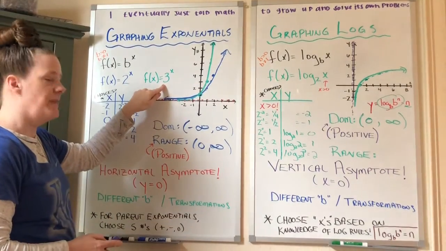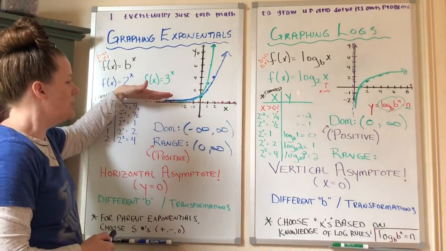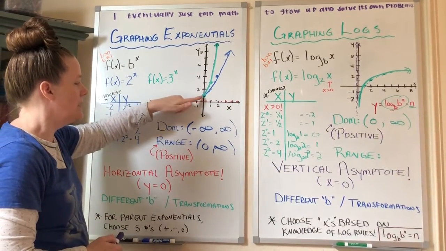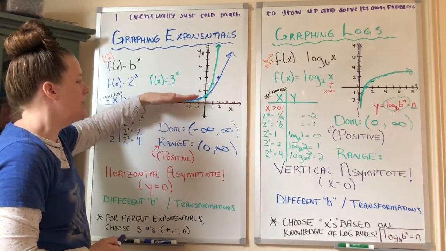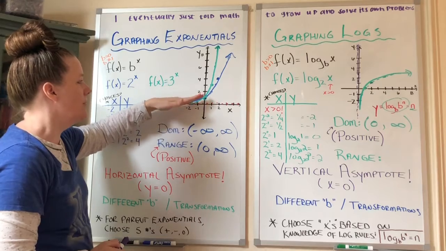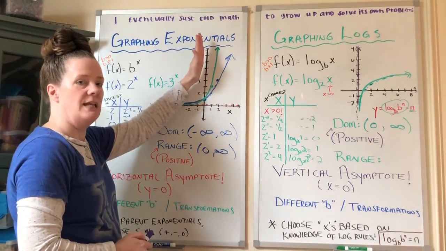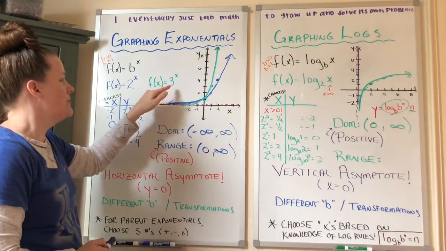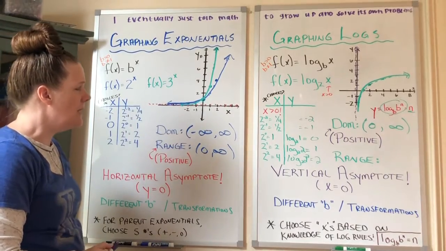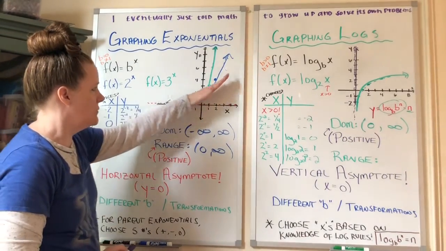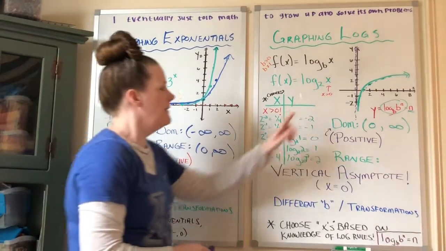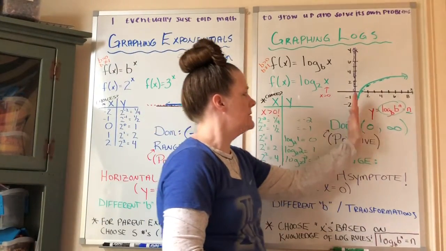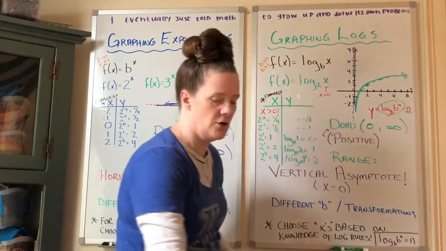Well, as this base increases, what you'll find is that as you hit that important point right there, after you hit it, the higher this number, the more quickly you turn and advance up. So if I had chosen a smaller number, then I would have had a more gradual increase. Same for the logs. Because this was a base 2, this was what the slope of that curve looked like.